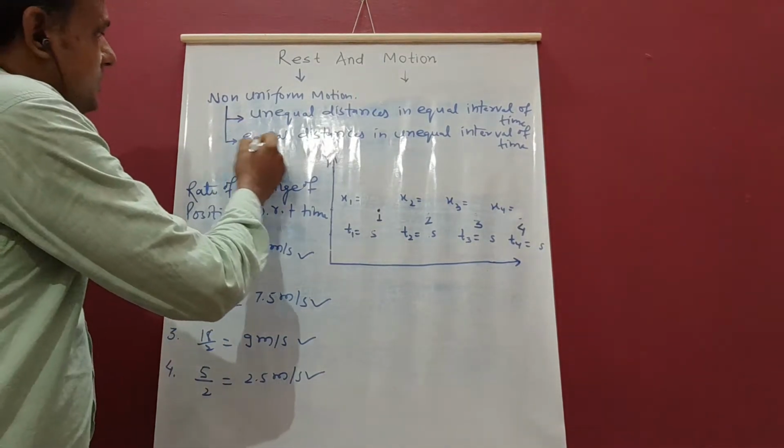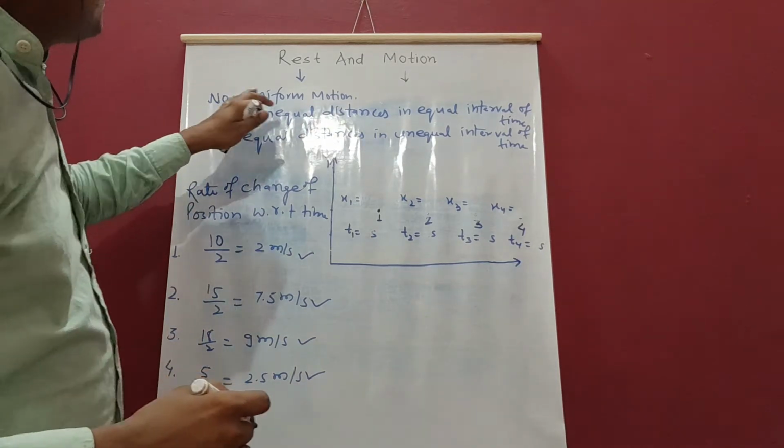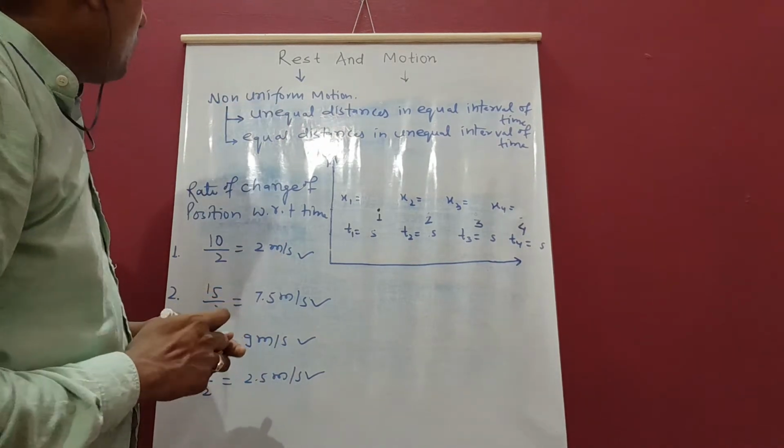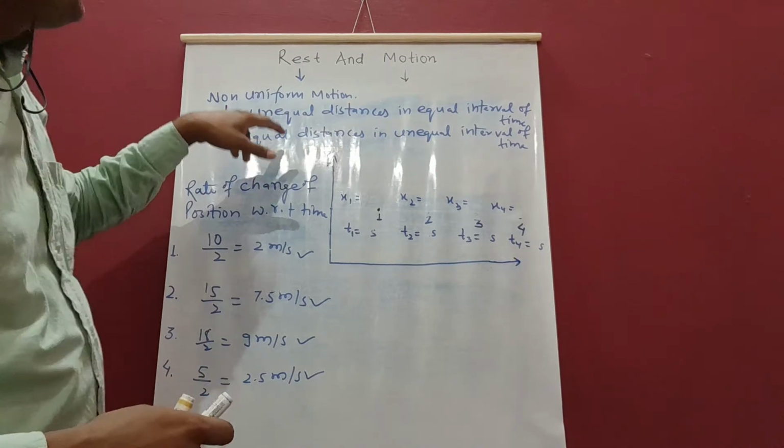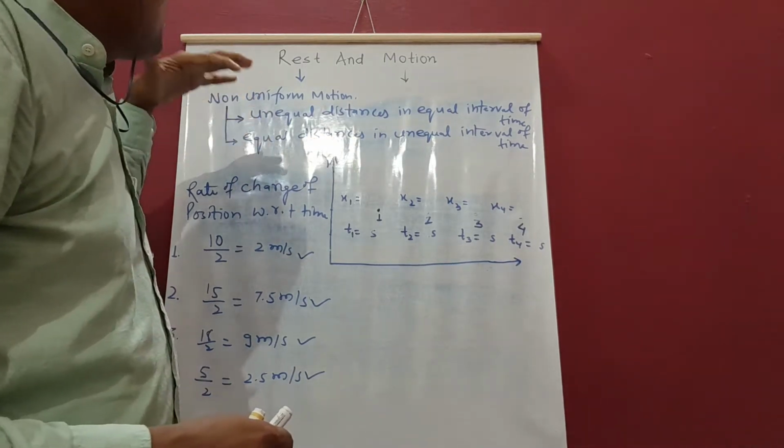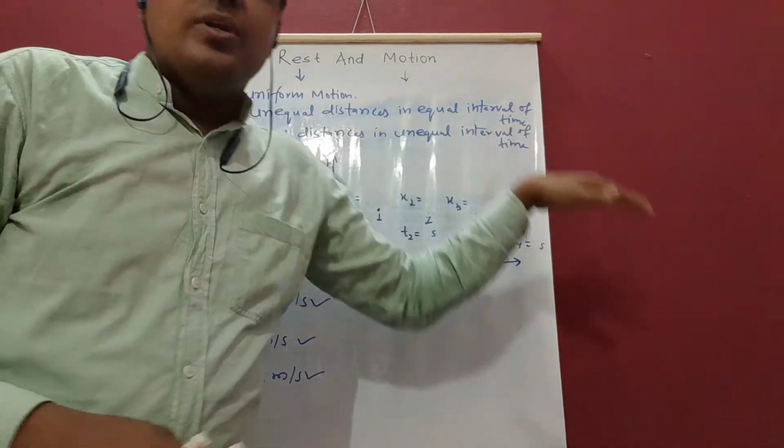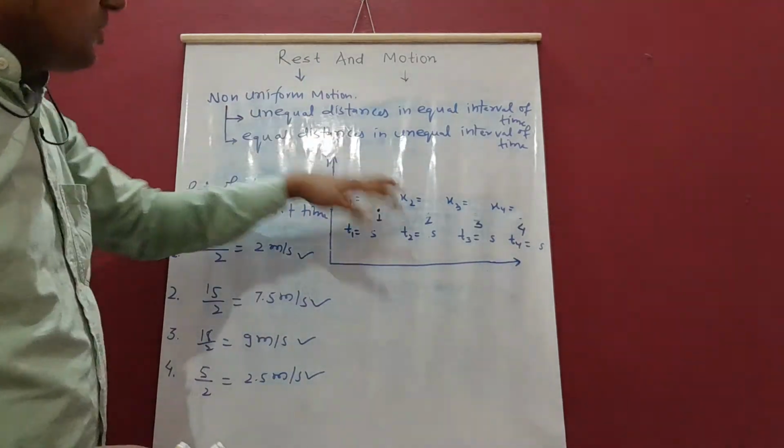Now, in the second case I have written here that an object is said to be in non-uniform motion if it covers equal distances in unequal intervals of time. The first one I have already discussed.